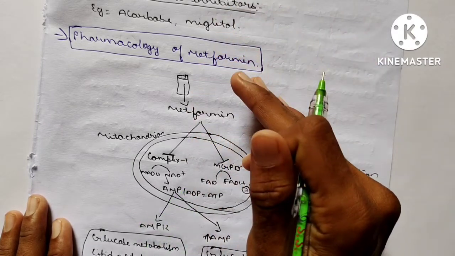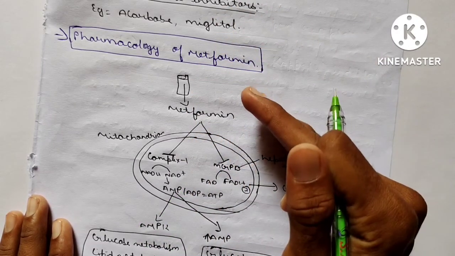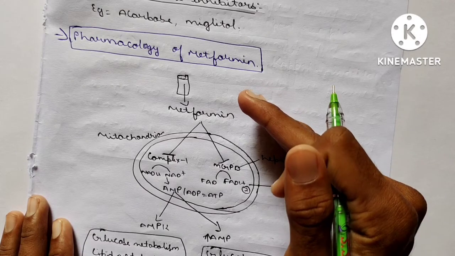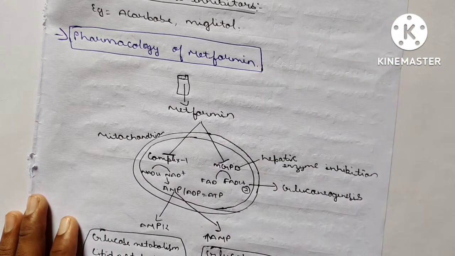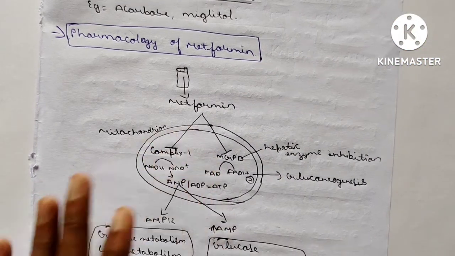By stopping the production of glucose, your glucose level automatically decreases and comes to normal. The main function of metformin is that it mainly acts on the liver only, my dear brothers and sisters.